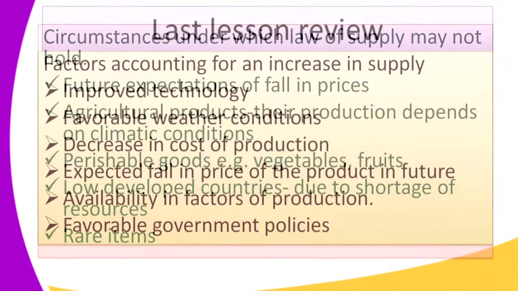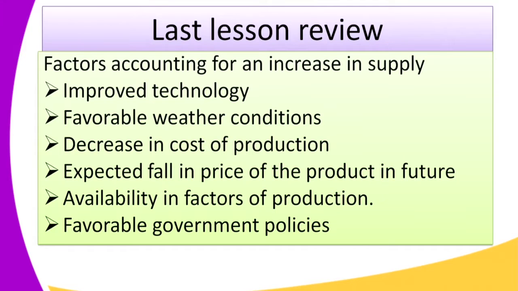The other one, you're supposed to give the factors accounting for an increase in supply. What would make supply of products to go up? The first one is improved technology. When you use the best technology, production increases. Therefore, supply also increases. The other one is favorable weather conditions.